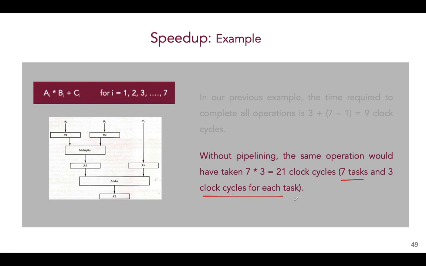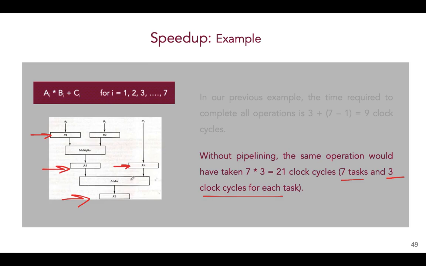Now this is something you have to understand. Why does it take 3 clock cycles for each task? In one clock cycle, R1 and R2 are being loaded. In the next clock cycle, R3 is receiving the result of the multiplier and R4 is receiving your third variable. In the third clock cycle, R5 is receiving the final result after addition.